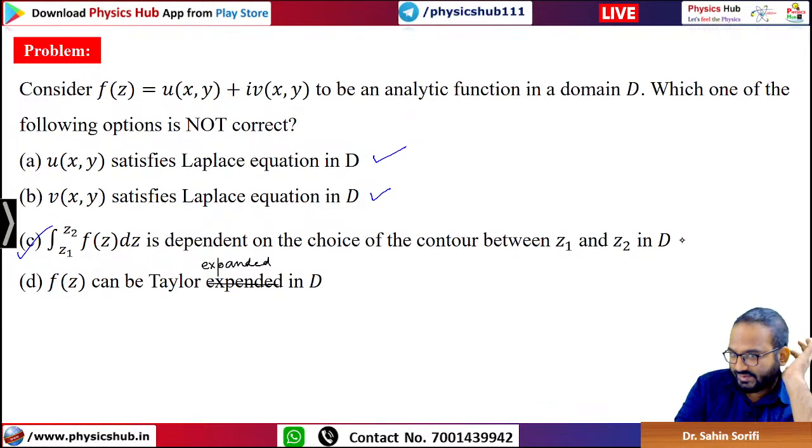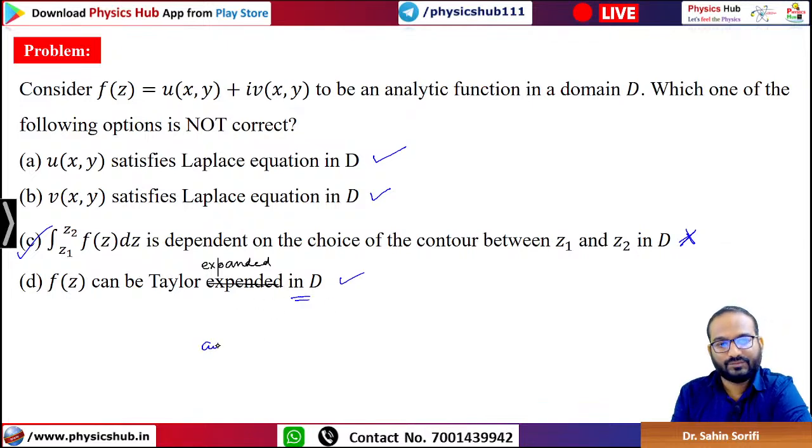So this is the incorrect statement, and that is what you have to find out. If f of z is analytic, then it can be Taylor expanded in D. That is also correct. So option C is the incorrect one.